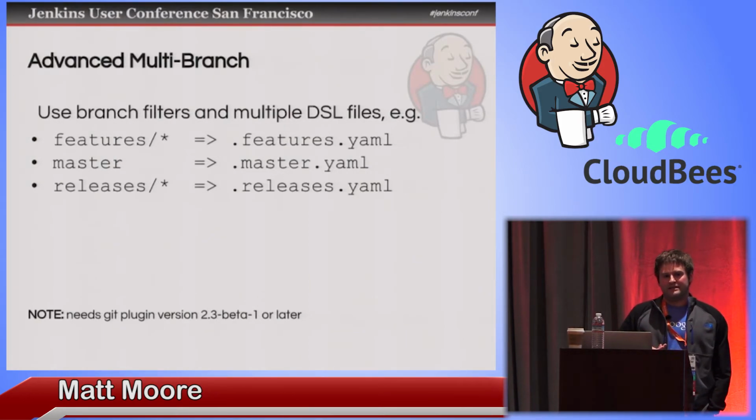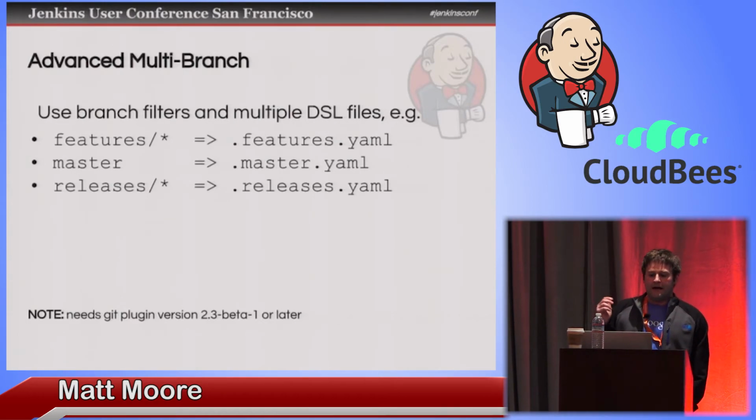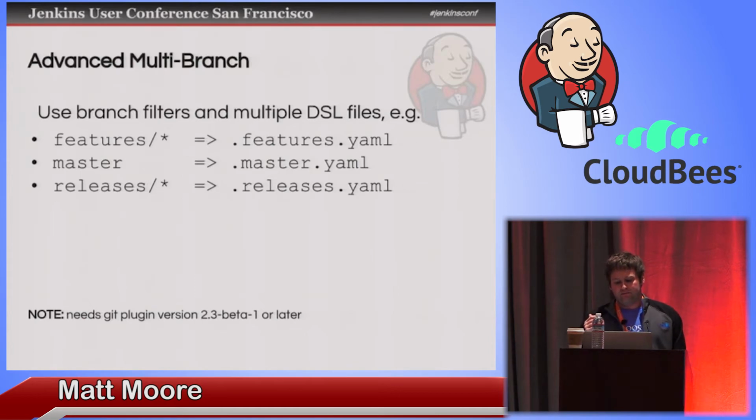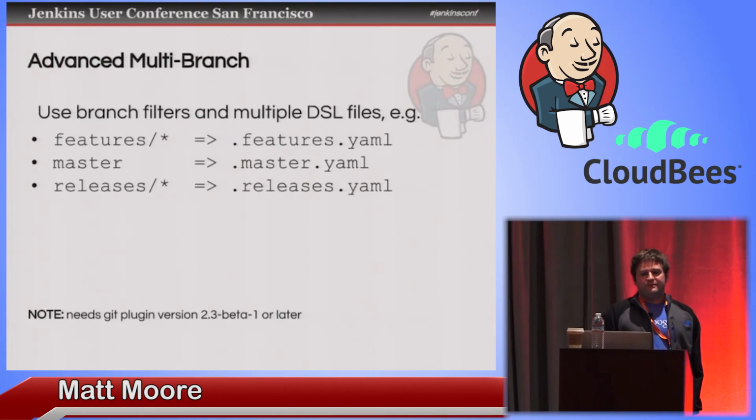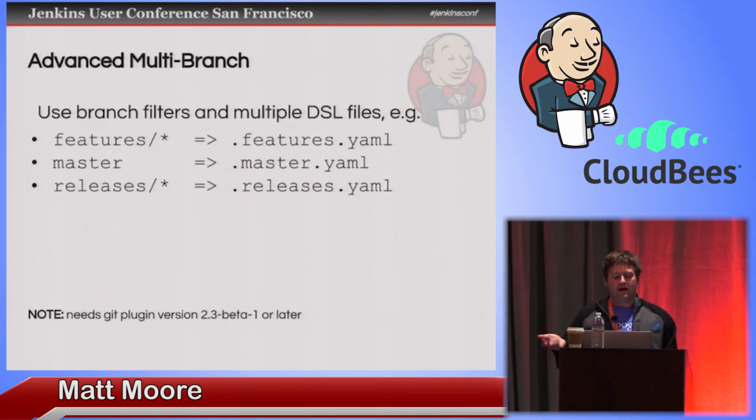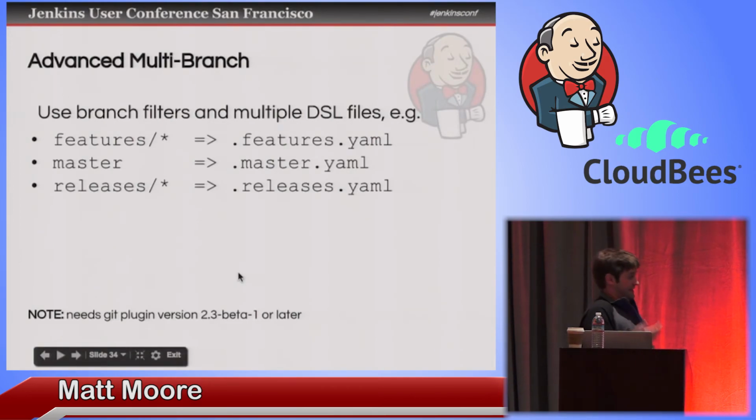I can start to say things like, on all branches under features/star, I want to run the features YAML DSL, right? When it merges to master, I want to run the master YAML, right? And when I snap a release branch, I want to run releases YAML, right? And so right now, I think the filtering functionality is in an experimental version of the Git plugin, but it works, right? And we use this in our self-hosting today.